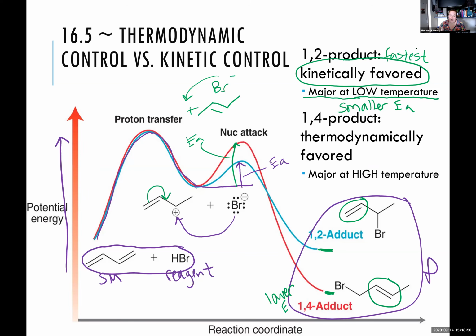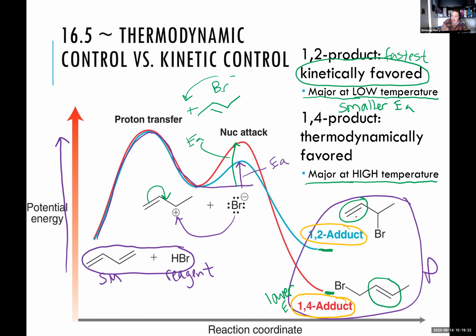When we are at high temperatures, we are giving the reactions all kinds of energy. So both products are going to form. But what happens is when both products form, we have this 1,4 product, which is at a very low energy, and the 1,2 product, which is at a little bit higher of an energy.